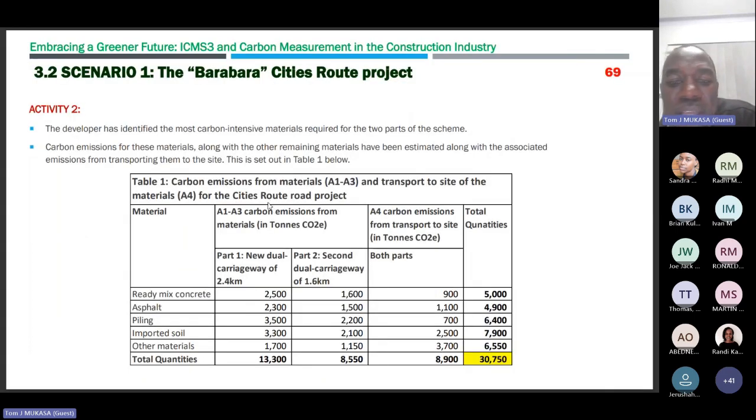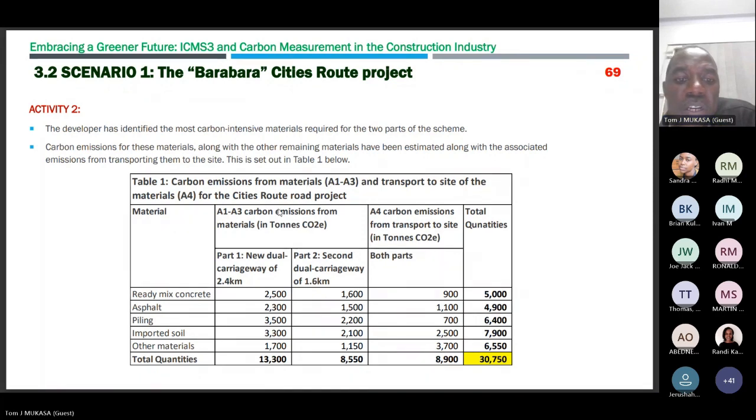But eventually, this is what we have as the materials for those two projects. So we have ready-mix concrete, we have asphalt, we have piling, we have imported soils and other materials, and we add them up, and of course those are the total quantities.